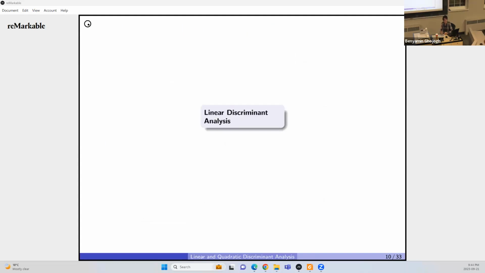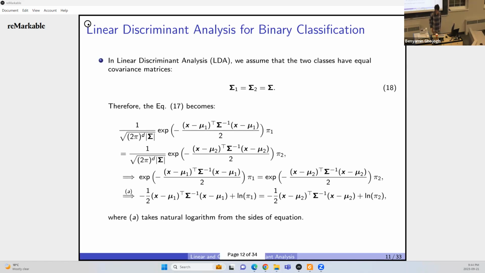Now, linear discriminant analysis. So far was preliminaries for LDA. LDA uses what we found, but makes an assumption. It says that I assume the covariance matrices of the classes are the same, equal to each other. So sigma 1 equals sigma 2. Let me denote it by sigma.